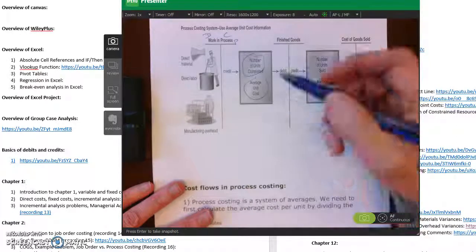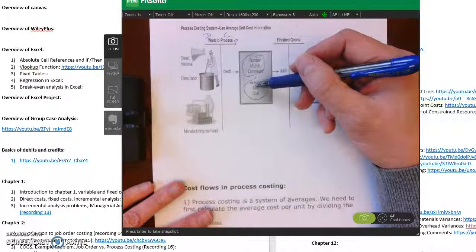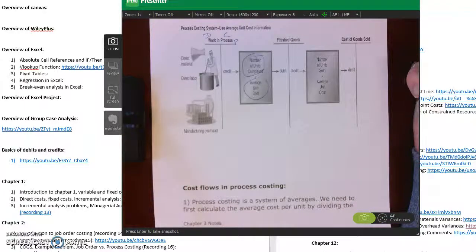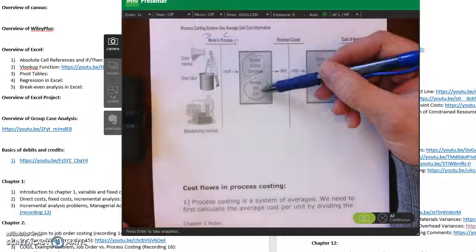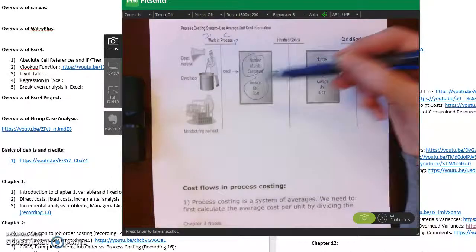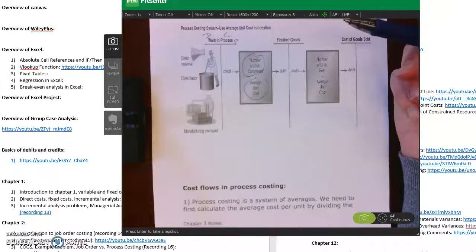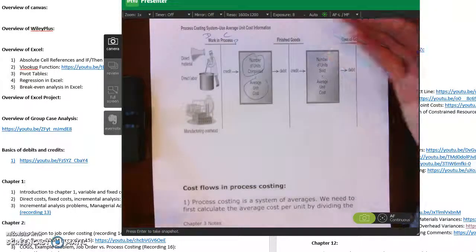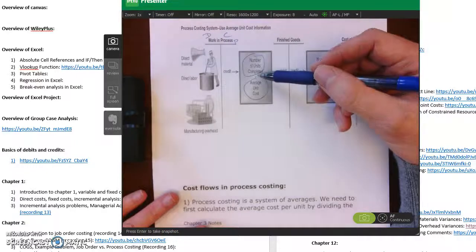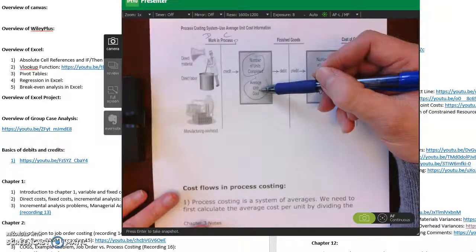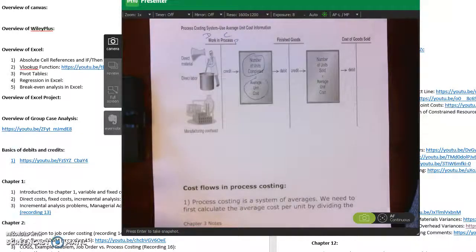So it doesn't make sense in that case to take an average, because the deviation of the cost is all over the place. Versus if we have one type of soap that costs $1 and another type of soap that costs 99 cents per gallon, the average unit cost is pretty similar. So we don't need to separate it out and do the $1 versus the 99 cents. We can just take the average.